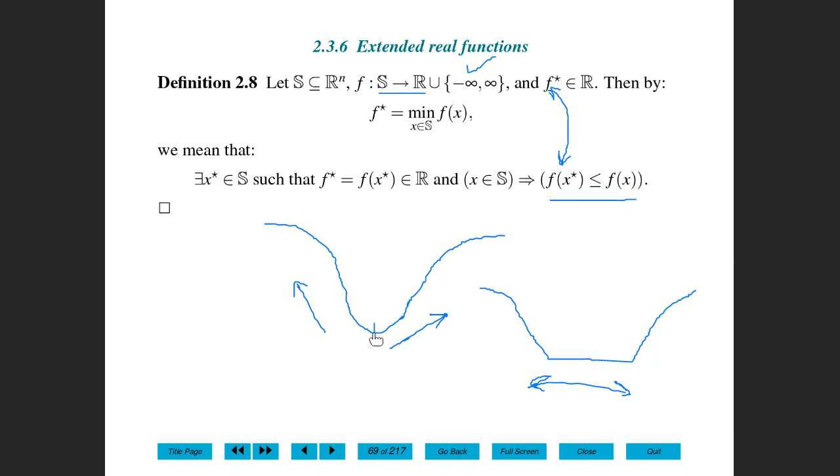So here, for example, we have got a unique minimizer, but here there is no unique minimizer. At all these points the function value is the minimum, so we can't say that there is any unique minimizer.